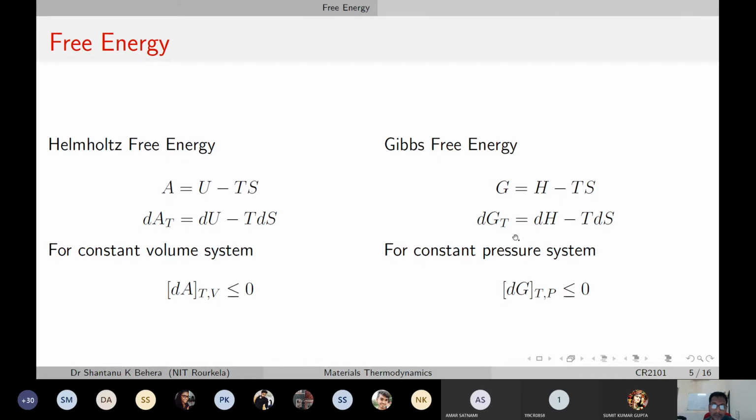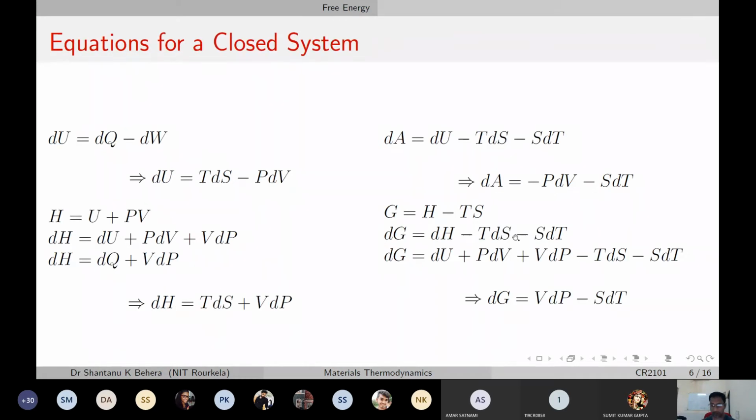Now, if you talk about closed systems, there are many mathematical formulations you can derive, which define the higher order thermodynamic energy functions in terms of the common independent variables. Four of those energy functions are really important.